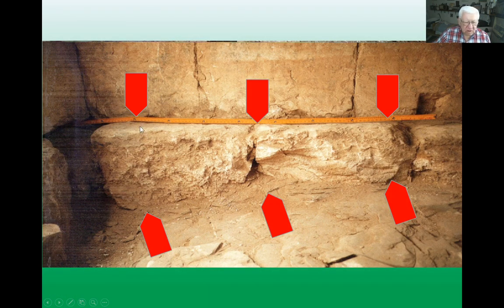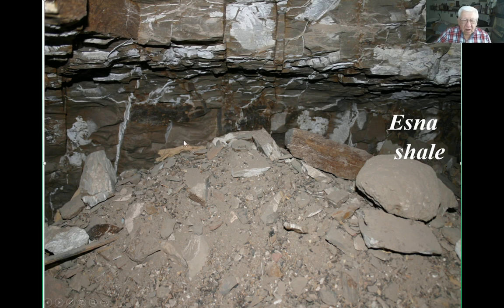Looking closer at this preparation of foundations above the top of the layers of limestones intercalating Esna shales, you have seen that it was specially prepared, and because of this the wall in the chapel of Hatshepsut is well preserved and still exists. And going down to tomb T7, under this limestone layer, we have Esna shales. It looks like this. They are cracked in many places.